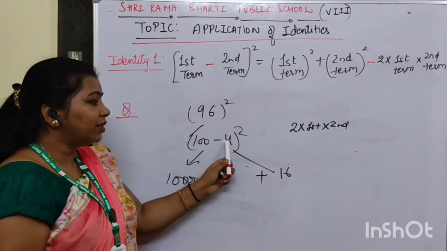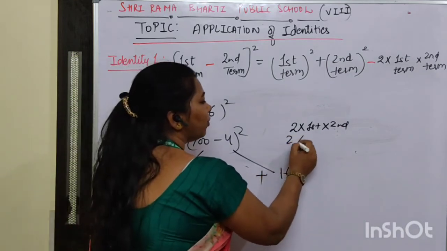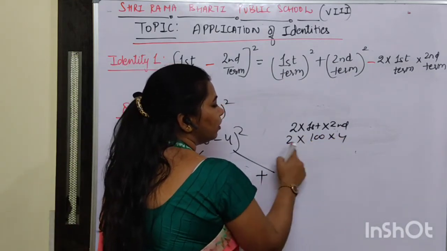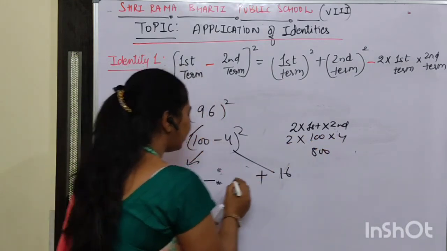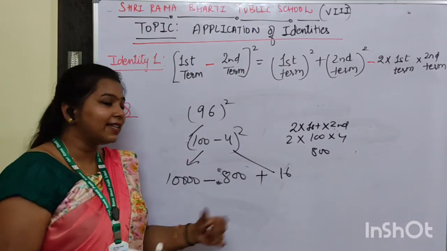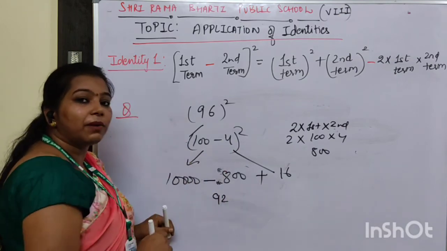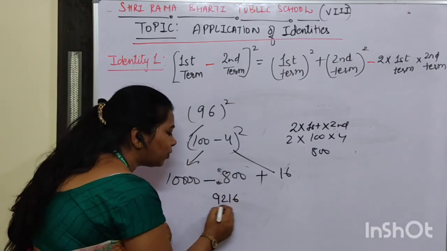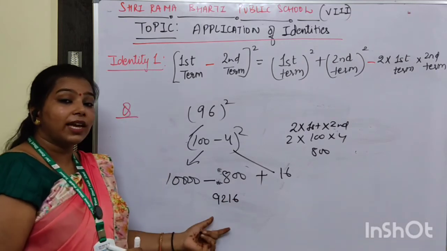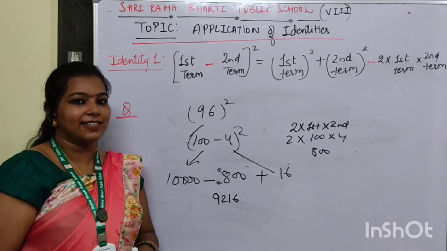Now 100 into 4 will be 400, so 2 into 100 into 4: 4 twos are 8, 800. So 10,000 minus 800 will be 9,200. 9,200 plus 16 will be 9,216. So 9,216 is the square of 96.